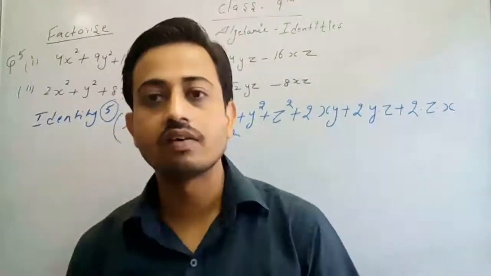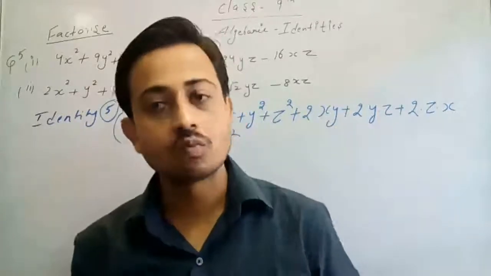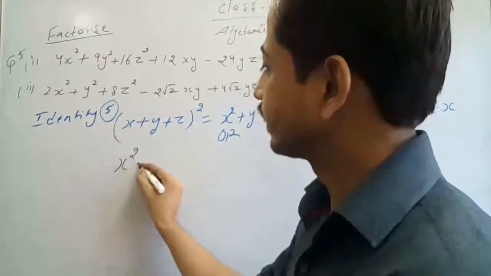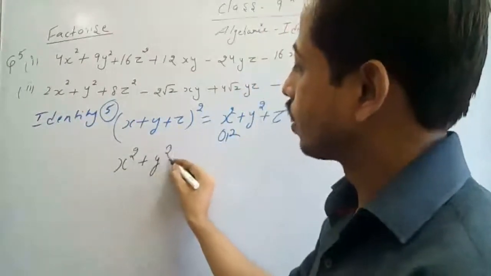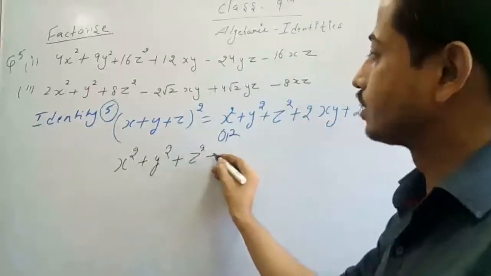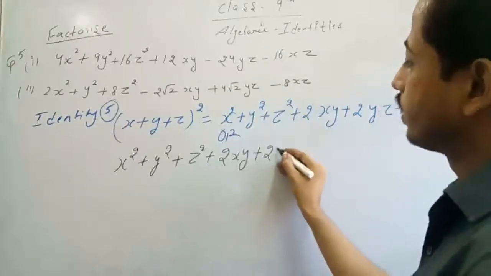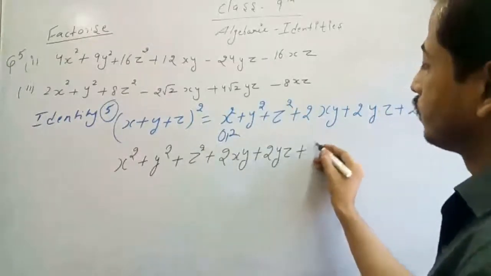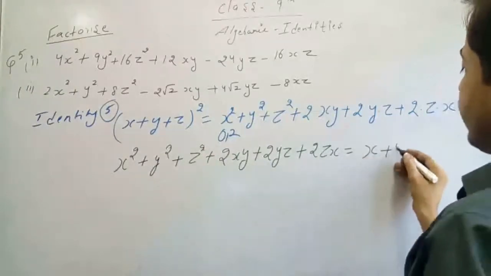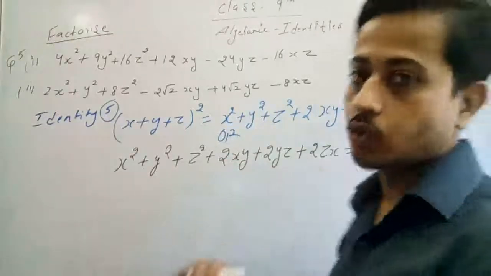In this question we have the right hand side and we have to make the left hand side. So that's why I'm taking the right hand side: x square plus y square plus z square plus 2xy plus 2yz plus 2zx is equal to x plus y plus z whole square.